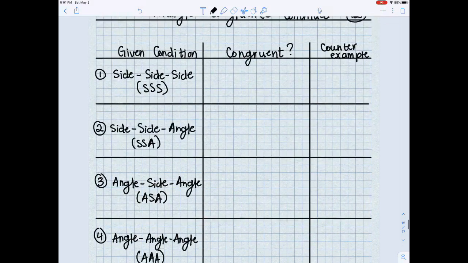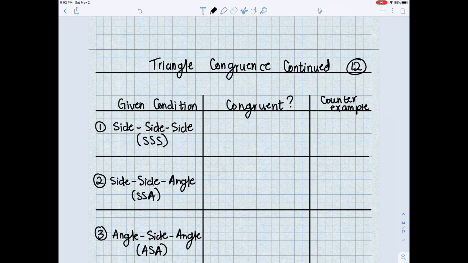So how are you guys going to do this? Well, there's a nifty little website that was shown to me by another math teacher that you guys are going to use to help you determine, hey, is this an official theorem of triangle congruence? If it's not an official rule, you should be able to provide a counterexample, and this little web application is going to help you do that.